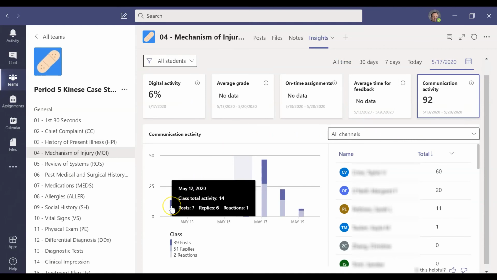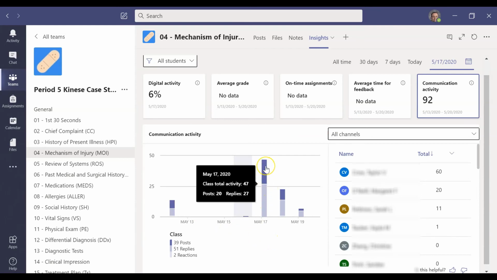And we can really break it down. So there were 7 posts and 6 replies on May 12th. On May 17th, we had 20 posts and 27 replies. And it breaks it down by student over here. This is for all channels for this particular day.